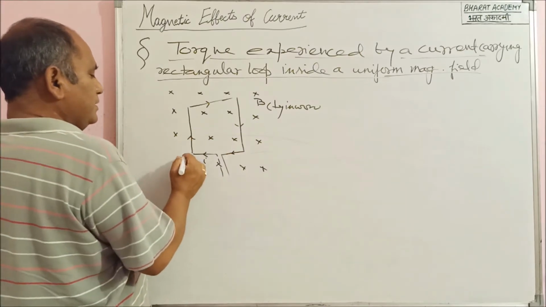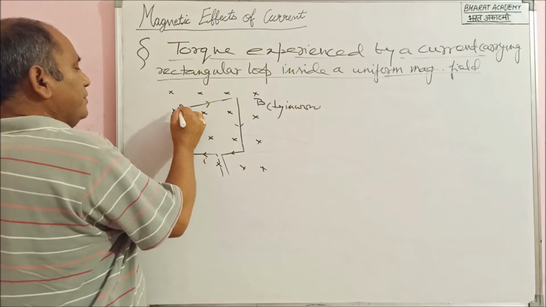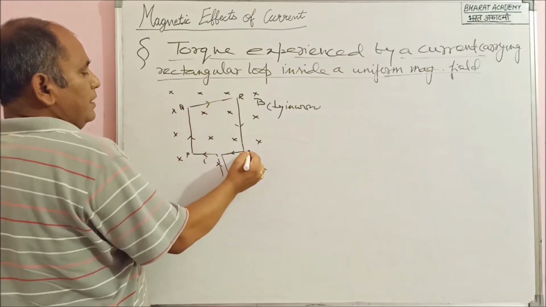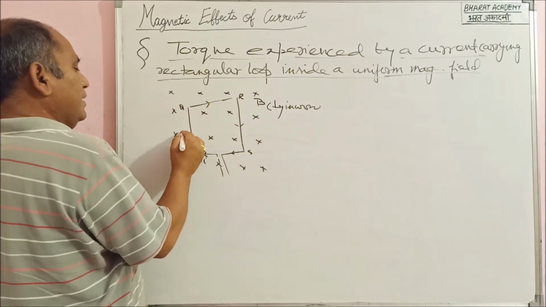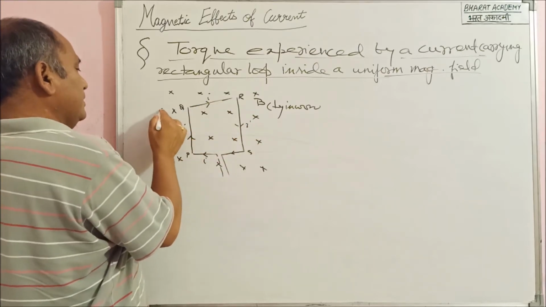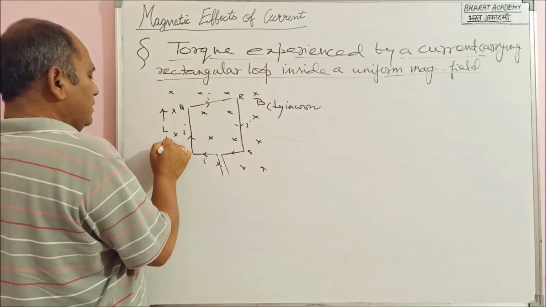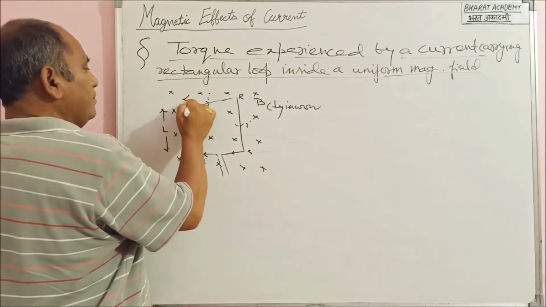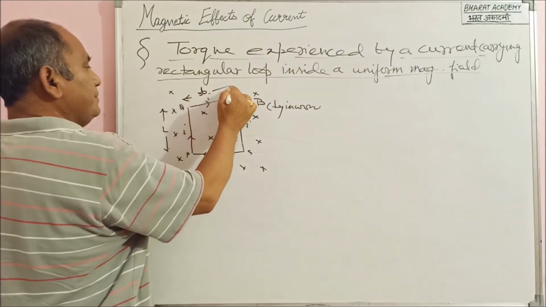Just name it P, Q, R and S, right? And I is the current flowing through it. Let the length of the loop be L and width be B.